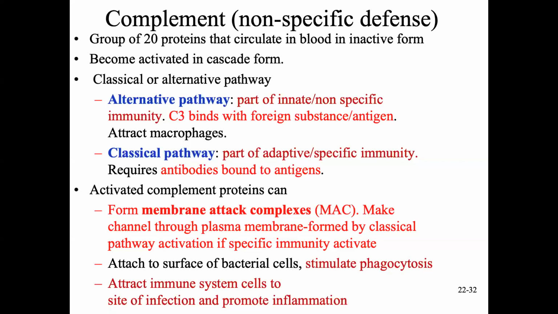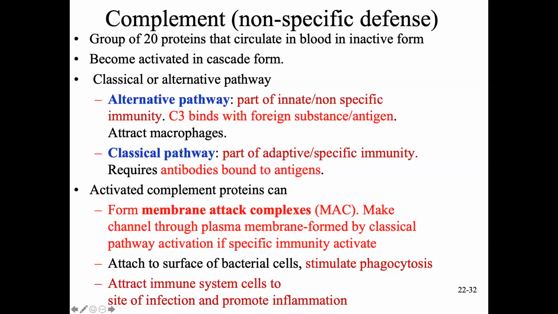So then the macrophage can go around, bind to the C3, and notice that it's only foreign epitopes and foreign antigens that have C3 attached to them. C3 will not attach to a normal healthy cell. It only attaches to foreign cells or foreign microbes. So C3 attaches, the macrophage understands that's not supposed to be there, gets attracted to the cell, and starts to kill it.